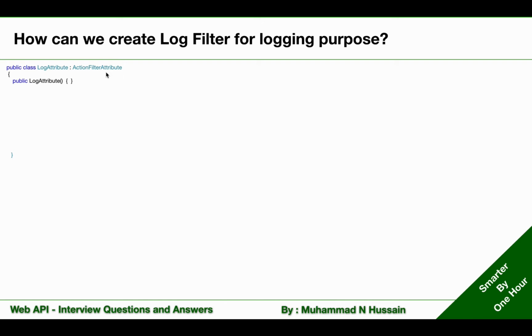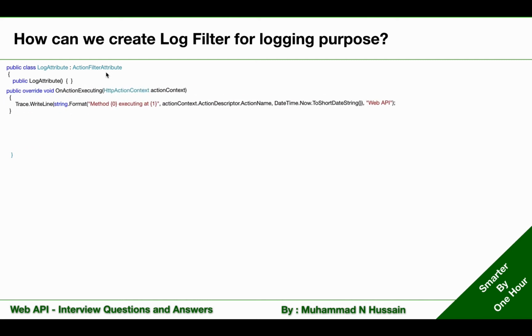First, OnActionExecuting, and second, OnActionExecuted. Both methods we can override in this new log attribute custom filter class, and we can add logic in those two methods which we want to execute before action execution or after execution.